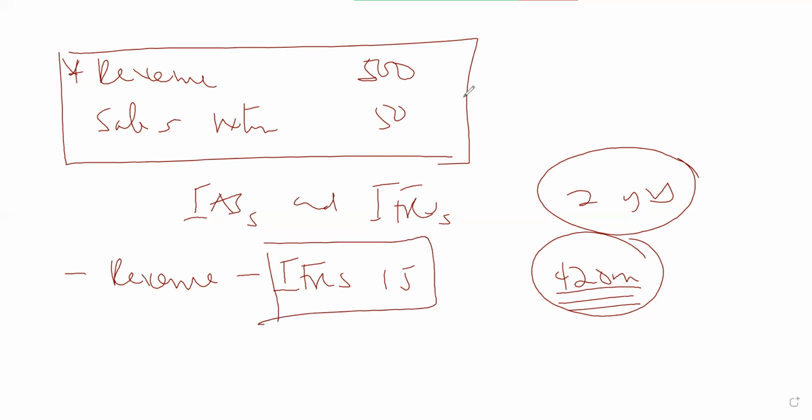The next item that you are going to bring is the cost of sales. Okay, the cost of sales, what are the standards that can be an adjustment to the cost of sales? You see the cost of sales, we are going to consider revenue. So the IAS 2, which is inventories, will also have an effect on the revenue.